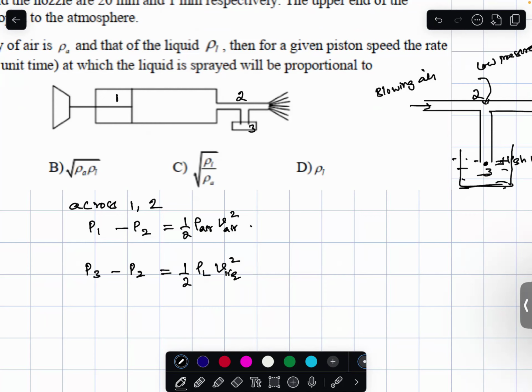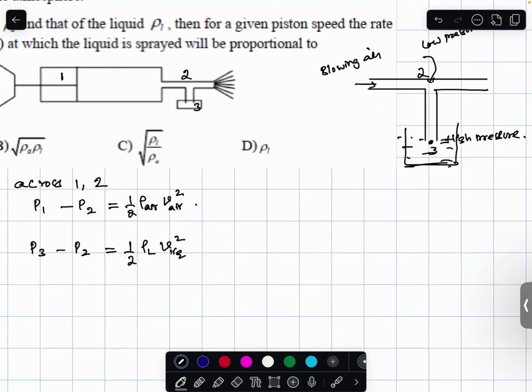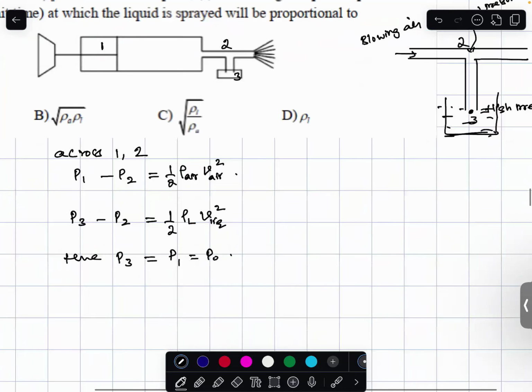Next. Don't ever forget that here P3 is the same as P1. Yes or no? Both are atmospheric pressure. Now, from these two equations, rho air V air square is rho liquid V liquid square.